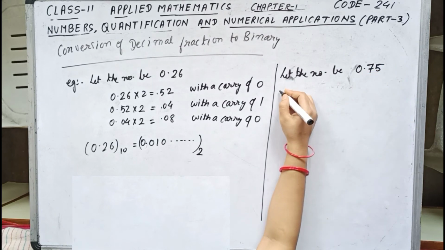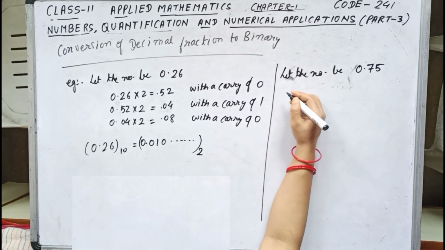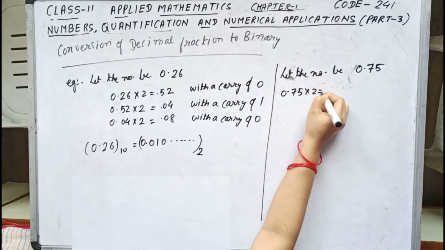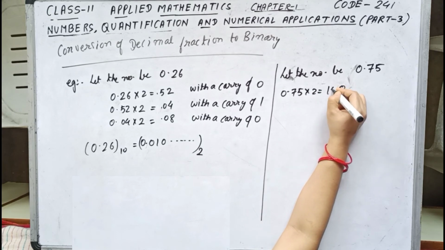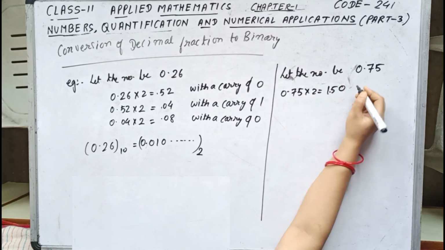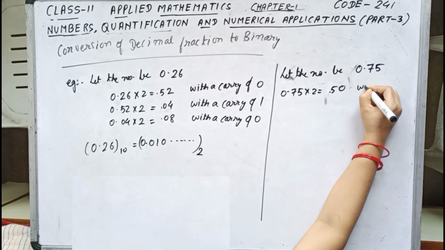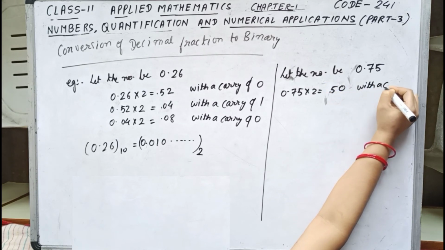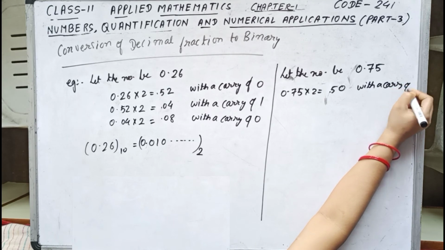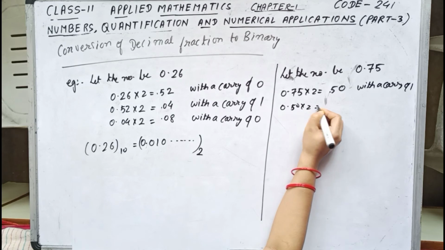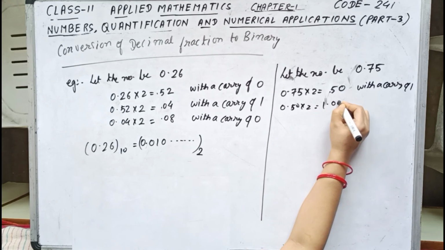Okay, so let us multiply it with 2. So 0.75 into 2, it is coming as 1.50. So this one we will not write, and we will be writing with a carry of 1. Again 0.50 into 2, it is coming as 1.00.